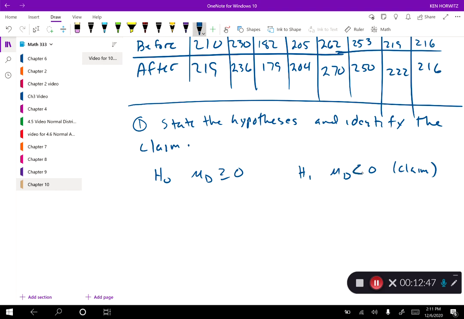And that's because if I take mu2 and I subtract mu1, and mu2 is greater than mu1, this should be less than 0. So the difference in my means should be less than 0. All right, it's a little bit confusing. It was a little bit confusing for me when I was in your chair, but I hope you guys are okay with this.